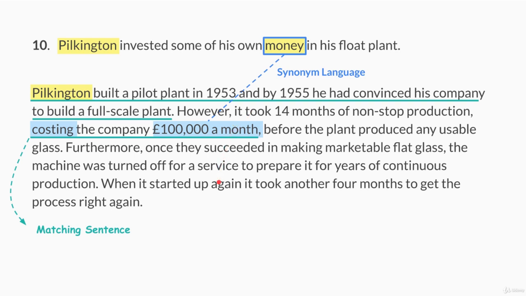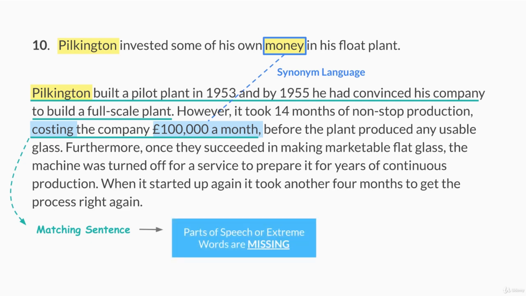The correct answer for this one is that the information is not given. See, this is why this is a tricky one. In this case, in reality, the parts of speech or extreme words are missing. It's simply missing. We do not know if Pilkington invested some of his own money or not.